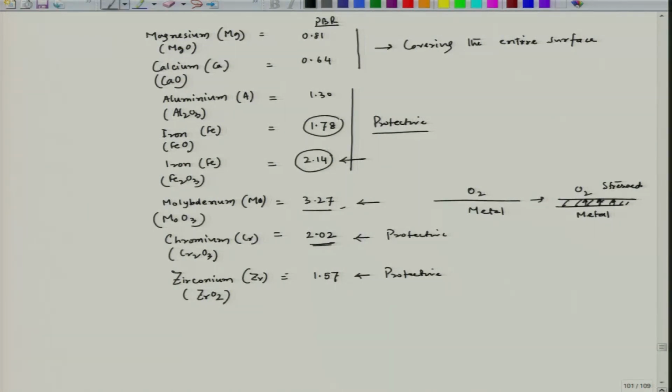If zirconia is heated, there will be phase transformation, and this phase transformation leads to problems.